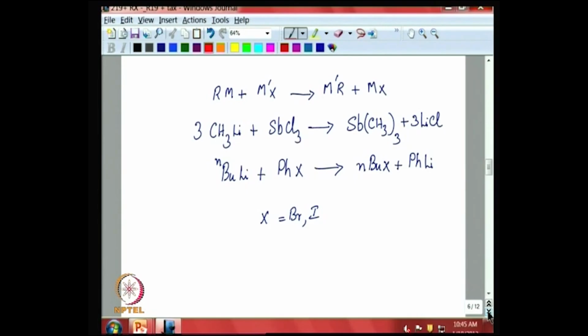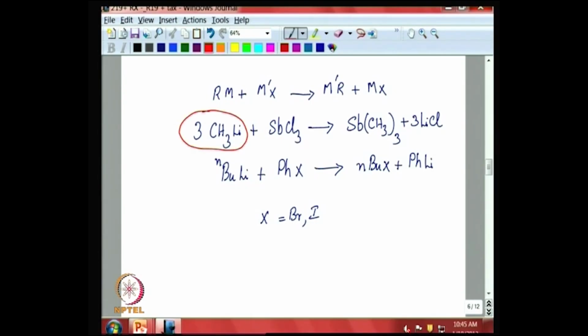Once again, transmetallation is a process which you can use if you have a metal alkyl bond which is formed from a direct reaction. In this particular transparency that I am showing here, you react a methyl lithium.